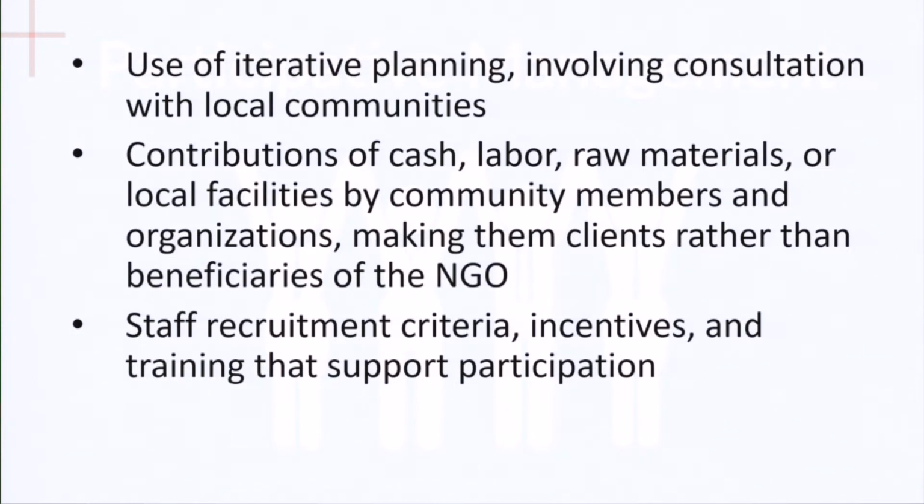Contributions of cash, labor, materials, local facilities by the community members and organizations, making them clients rather than beneficiaries of the NGO. Staff requirement criteria, the incentives given and the training, all this is required, and they are the indicators that a participatory style is evolving in the NGO.